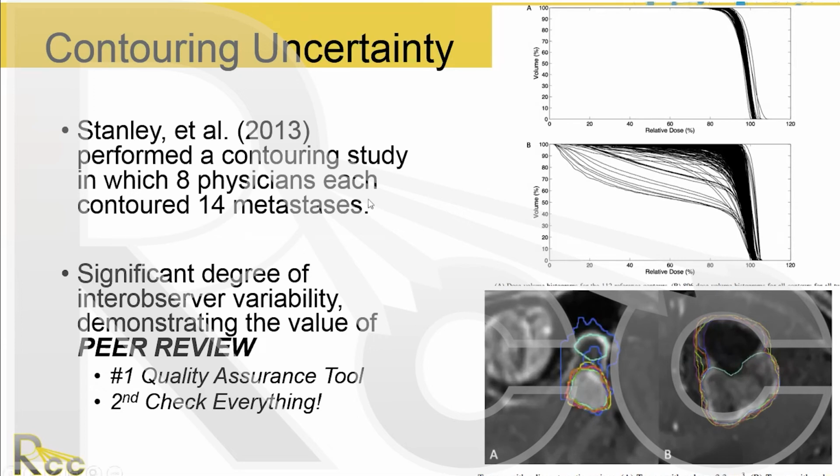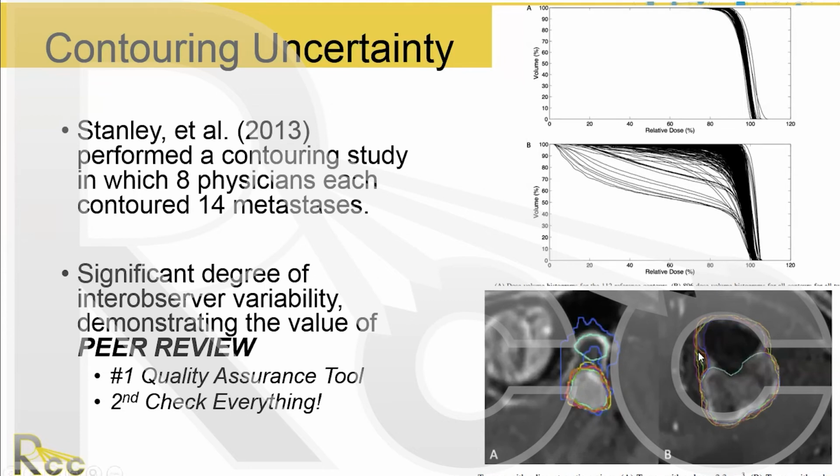There's a lot of variability in the way these are contoured. Some people see an adjacent cystic region; some people contoured that, some people did not. This also dials in the importance of the value of physician peer review, checking contours, checking target contours.